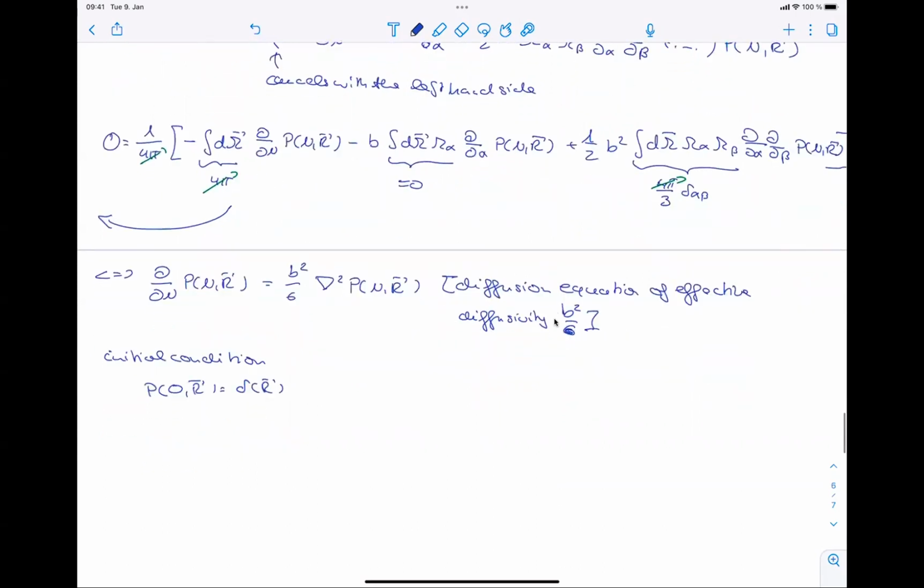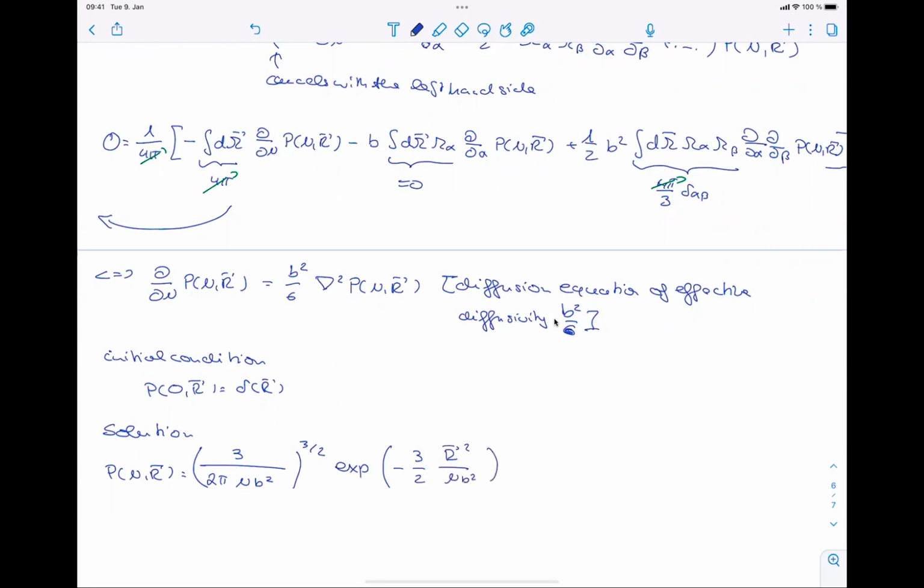And then the solution follows, with a normalization factor of 2 pi N b squared, which is the Gaussian distribution.